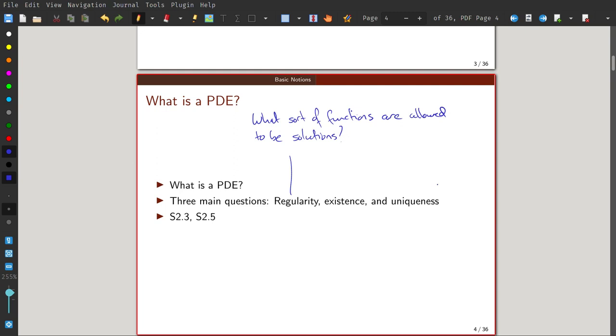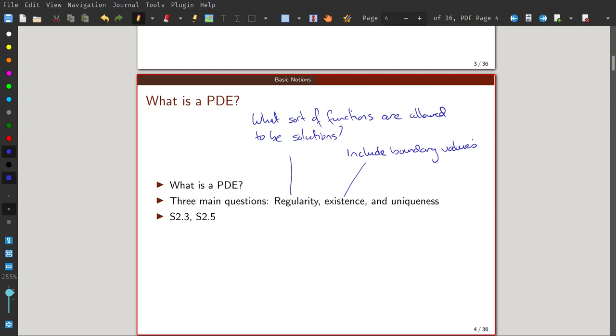So now that we know what we're looking for, obviously the question is, does there exist a function which is a solution? This is existence. But existence often includes boundary values. So the partial differential equation might hold on the interior of some domain, typically we call it the domain omega.